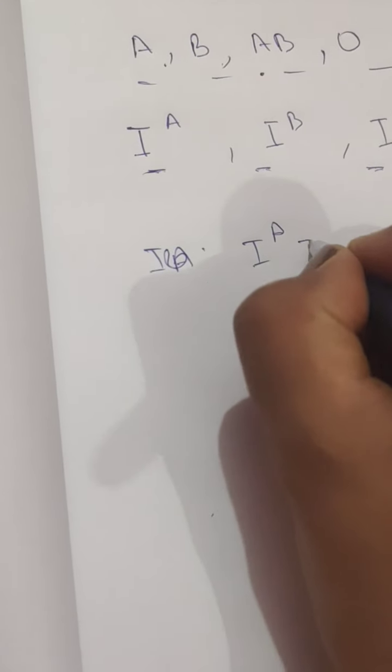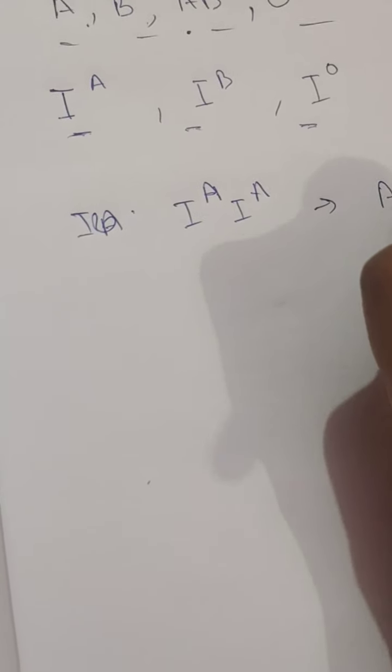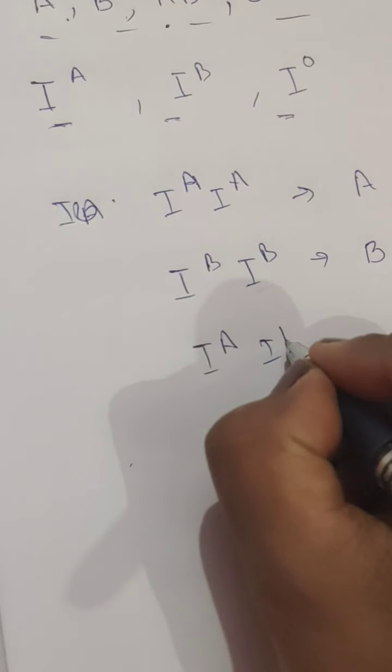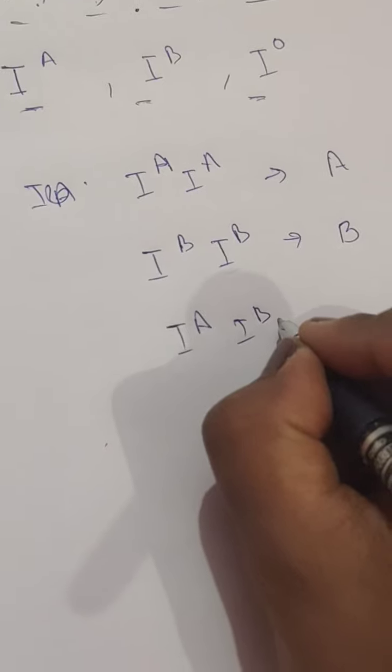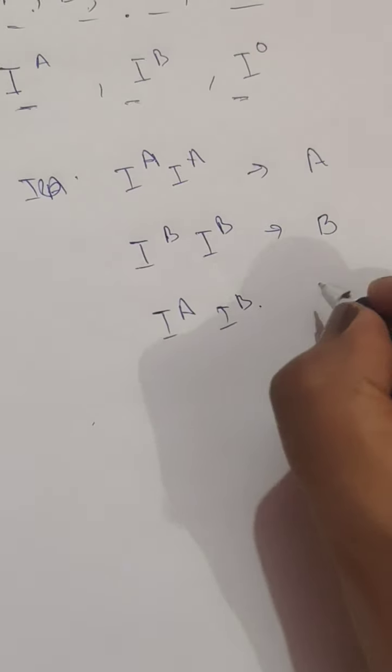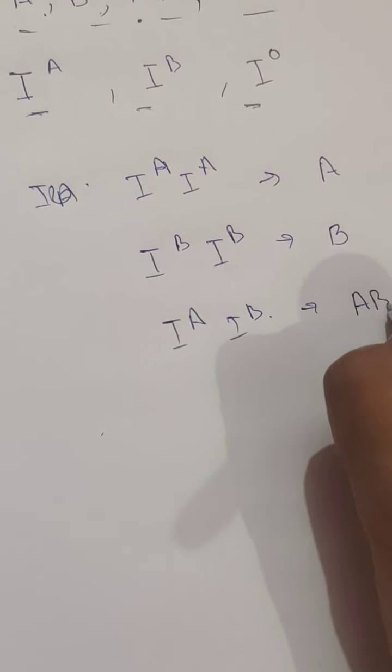So if the genotype is IA and IA, then the blood group of the person will be A. If the genotype is IB and IB, the blood group will be B. If the genotype is IA and IB, these are co-dominant genes, meaning they do not dominate each other, so the blood group will be AB.